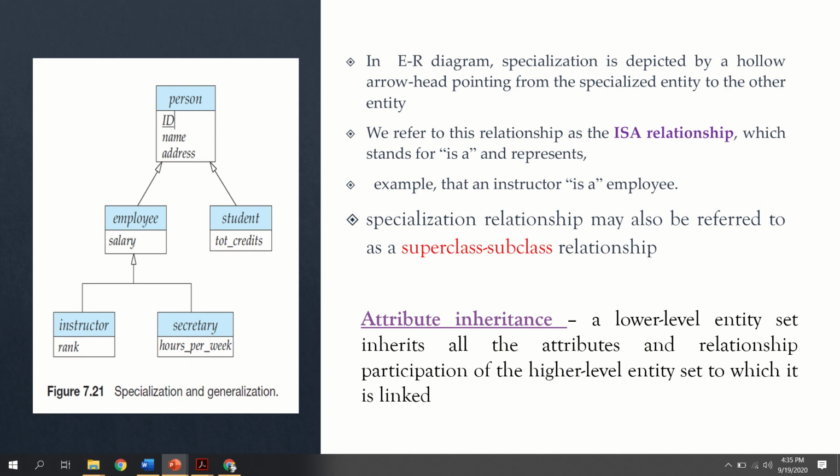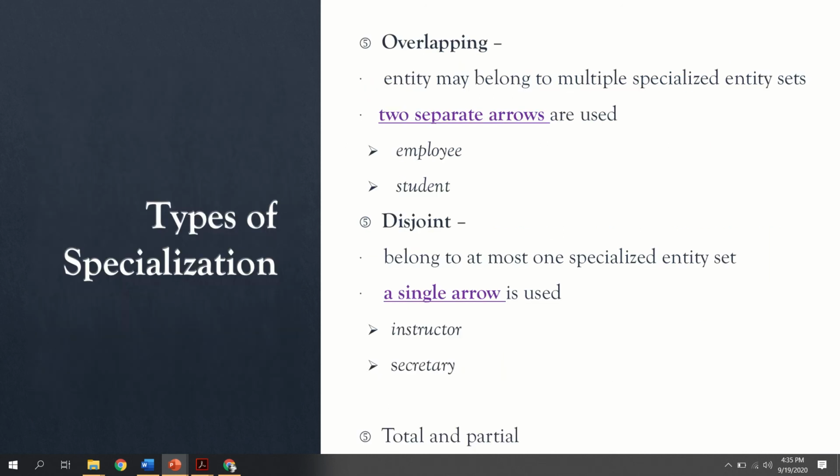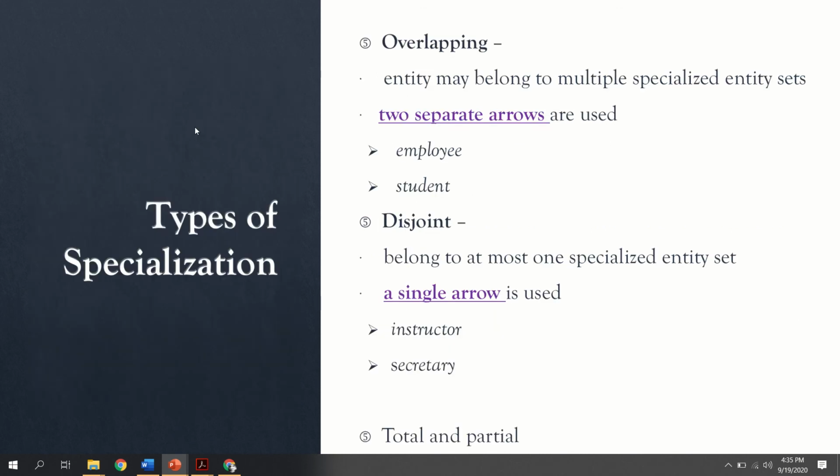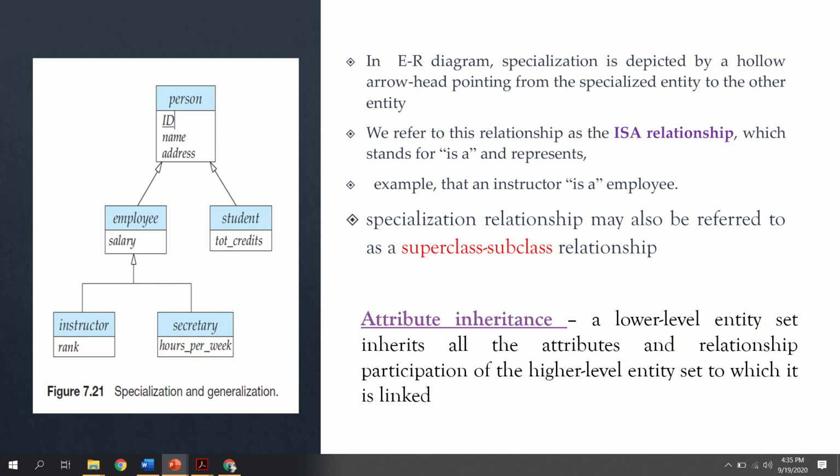It's a superclass-subclass relationship, and we can say a specialization is an is-a relationship. That means we will start from the bottom. Employee is a person, student is a person, like that. The next is that based on the type, the hollow arrow will be in different style.